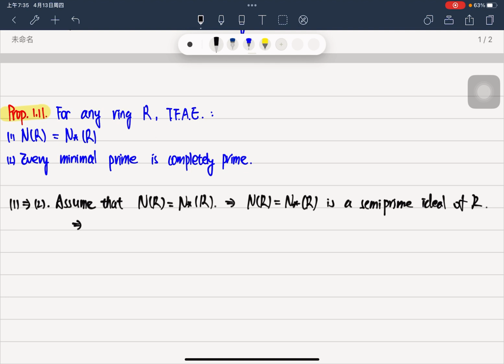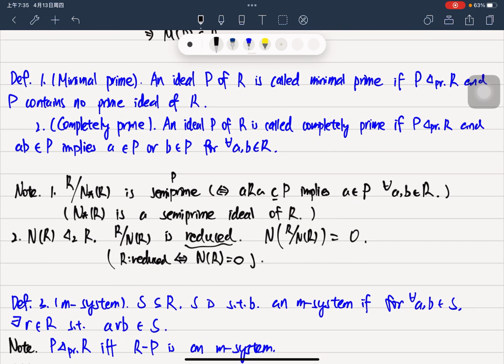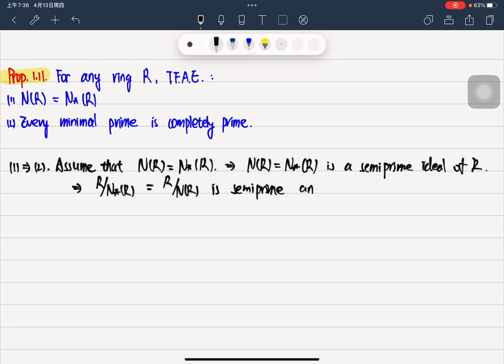So we get the factoring is a semi-prime ring. And here, moreover, since NR is an ideal of R, the factoring of R over NR is reduced. So here we use reduced.